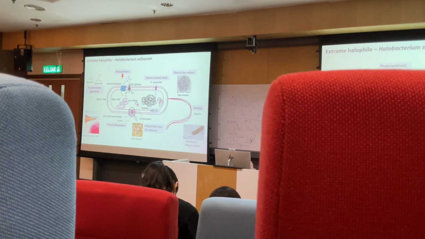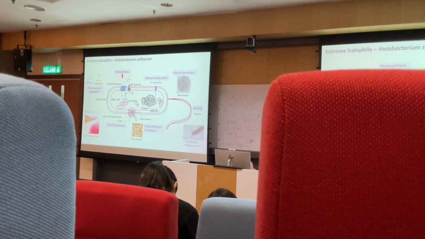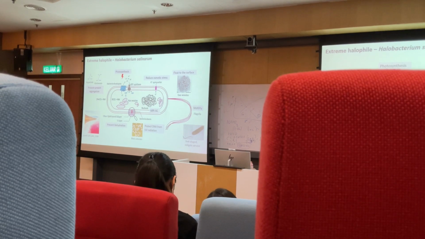Now, because they live in the lake, normally they need the sunlight. How do they get onto the surface, or at least close to the surface, to get the light? They have the flagella.